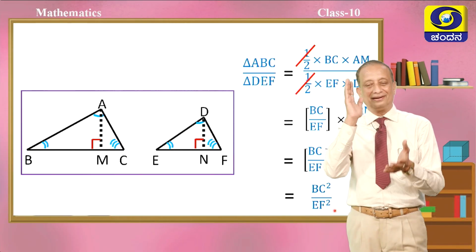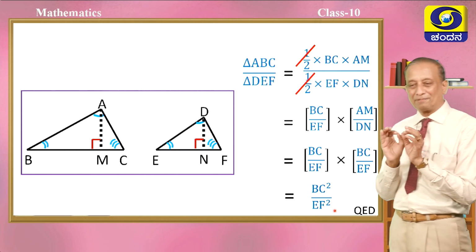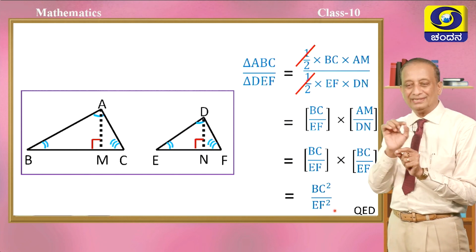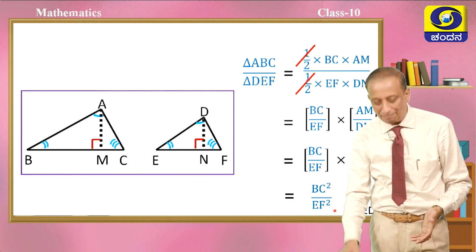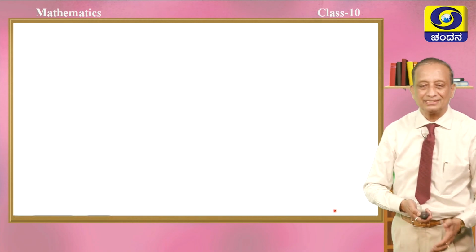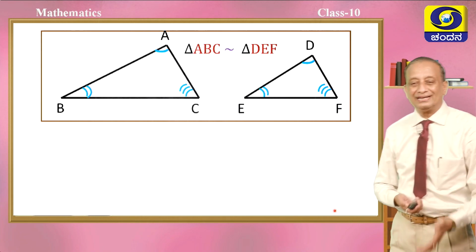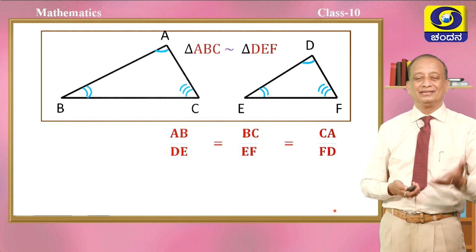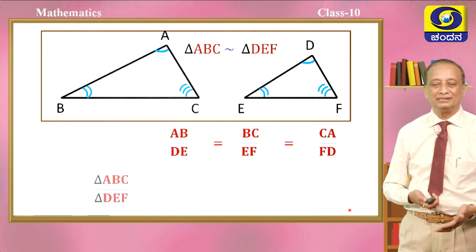So we got it. The areas of similar triangles are proportional to squares on their corresponding sides. See, we have established this. So this is a theorem on areas of similar triangles. Now if two triangles are similar, you know that the corresponding sides are in proportion.